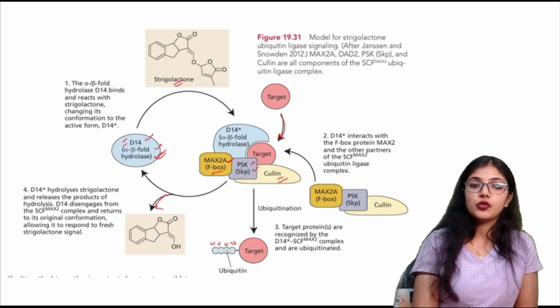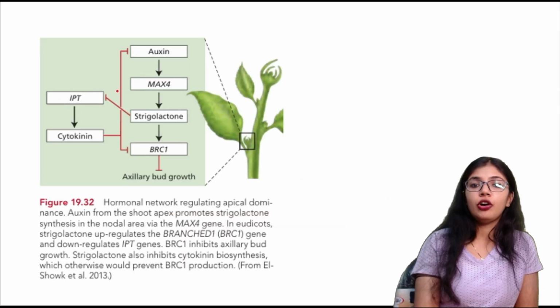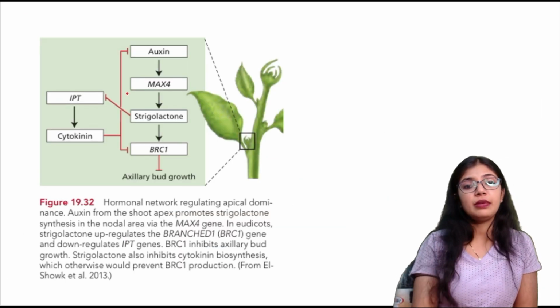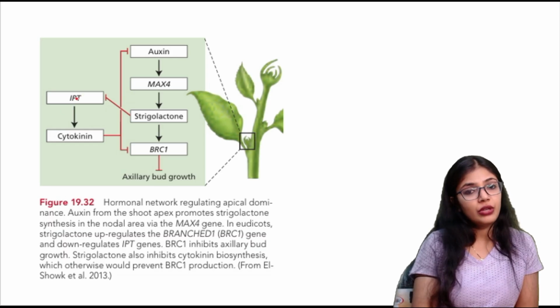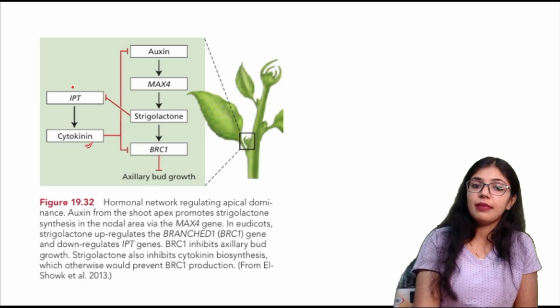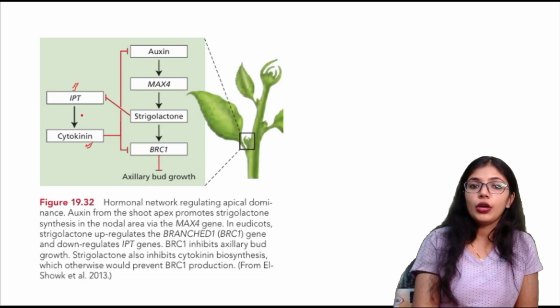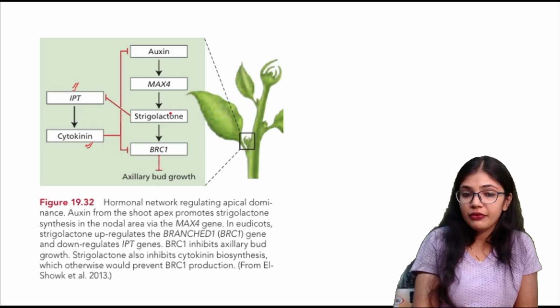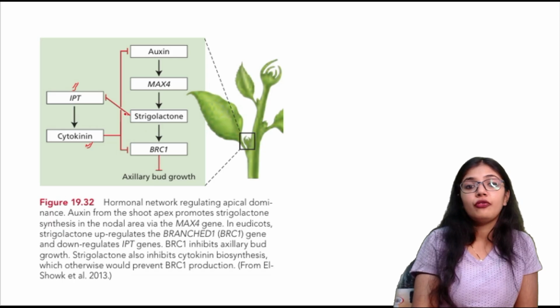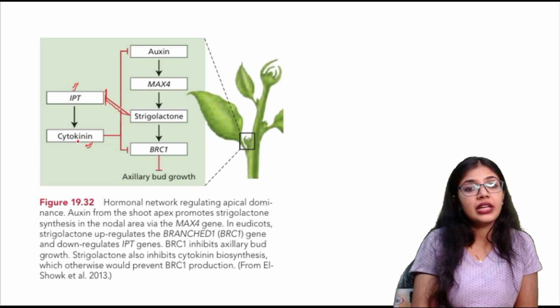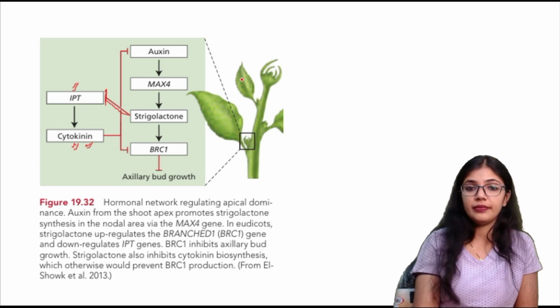So how are strigolactone, auxin and cytokinin regulated? We have understood that cytokinin is synthesized by IPT. Strigolactone inhibits this IPT, so indirectly it inhibits the synthesis of cytokinin.